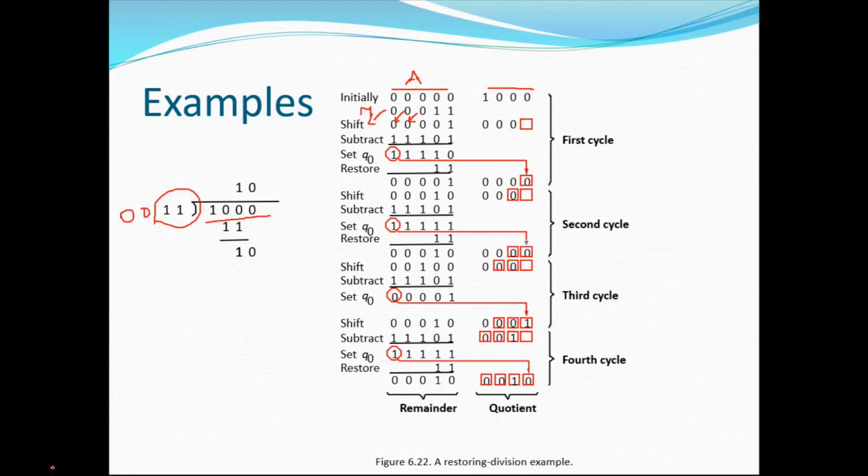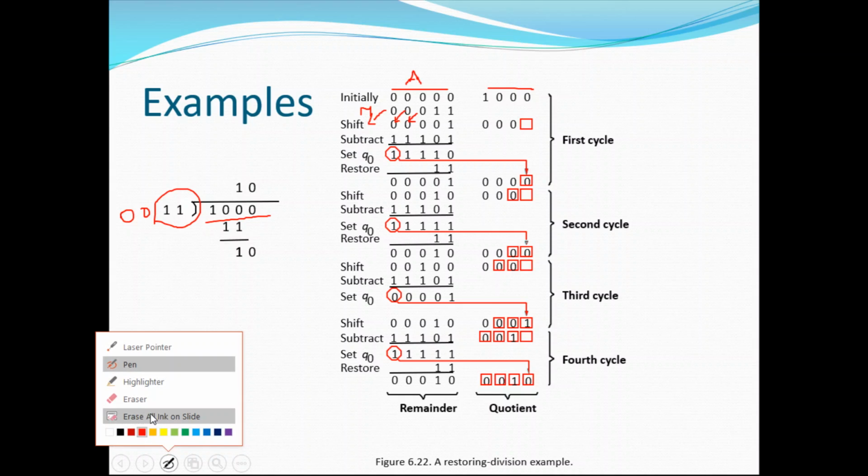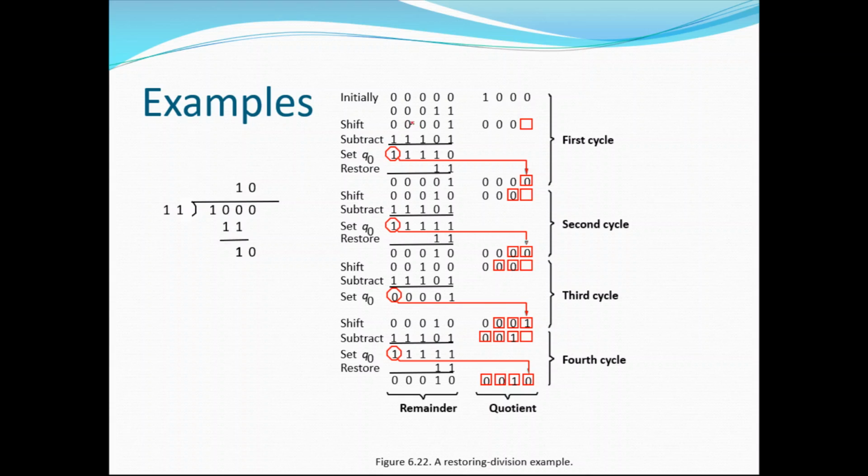Sorry, it's not that; this is M, and we have to shift A. So when you shift A, this 0 will go out and the bits will each move one position to the left. As this 0 is moved here, an empty position is created in Q, so the Q naught position is empty.